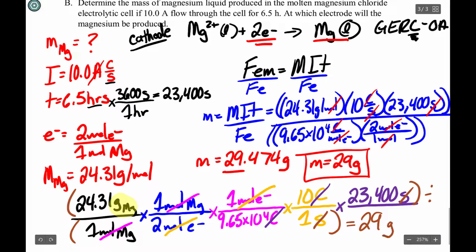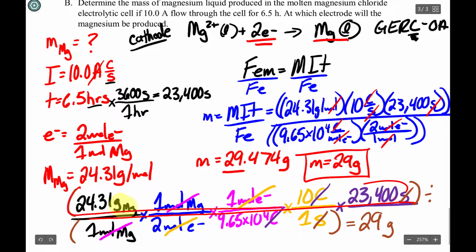What you will notice is when I compare the two methods of calculating this, they are identical. So for instance, everything above that red line is on the numerator. And let's compare the two. So I got 23.41 on top, 24.31 on top. These ones don't affect my answer coming out. I got 10 on top, 10 on top, 23,400 on top, 23,400 on top.